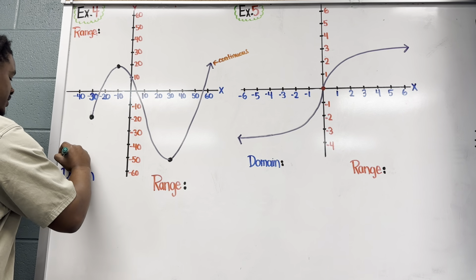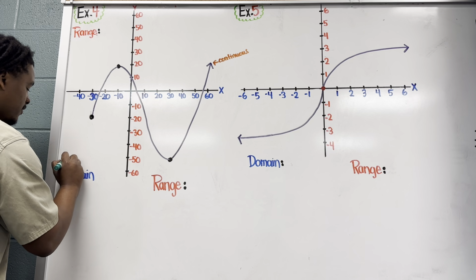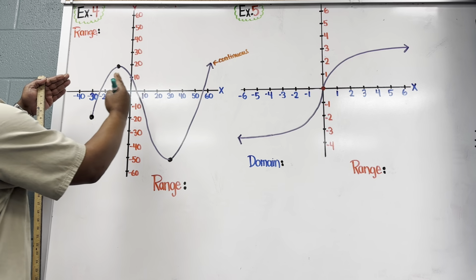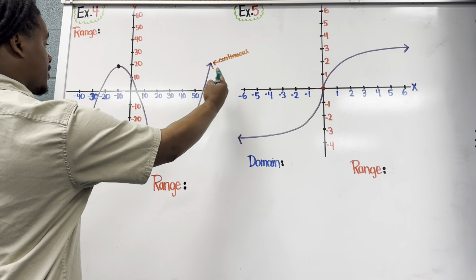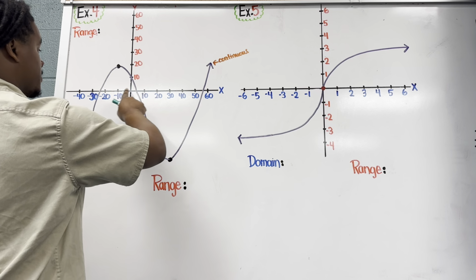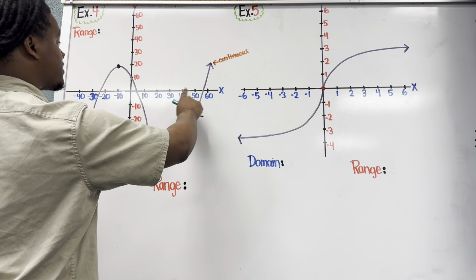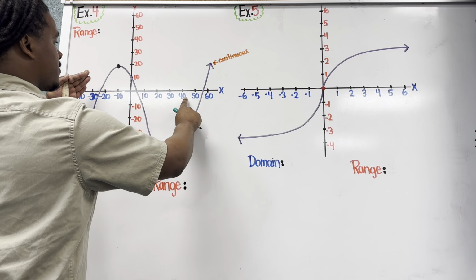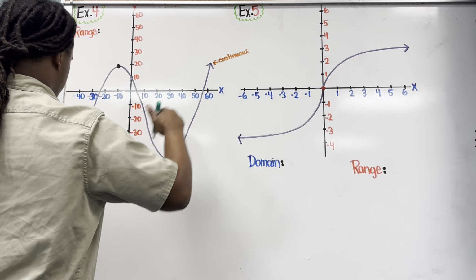So the domain is how wide the function can actually expand. It represents the values of x because the x-axis is the horizontal axis, right? So as we expand, the x values are also expanding as well, okay?